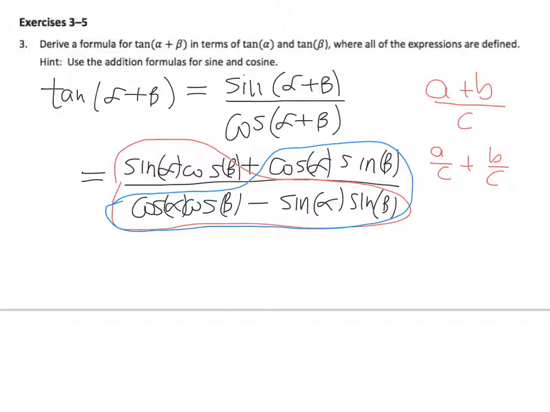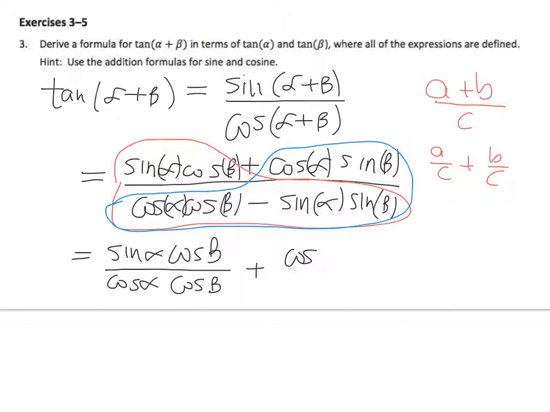Okay, let's see if I can simplify this at all. Well, I think I have to rewrite it. Bummer. All right, I'm going to divide the numerator and the denominator by cosine alpha, cosine beta. So I have sine alpha, cosine beta, divided by cosine alpha, cosine beta. I was trying to be lazy and not write everything, but I don't think that's going to work. So I'm dividing everything by cosine alpha, cosine beta.